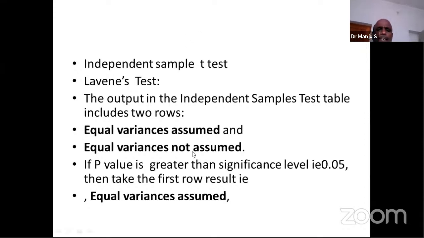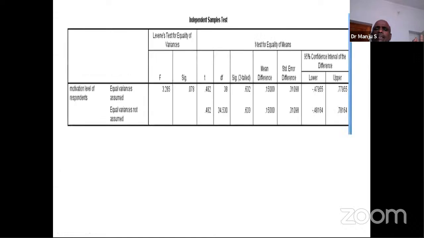Independent sample t-test. Here you will find two results. One is the F test, called Levene's test for equality of variances. This is the t-test. Before interpreting this t-test, we have to first interpret this.